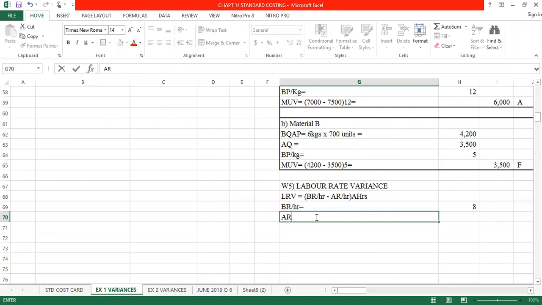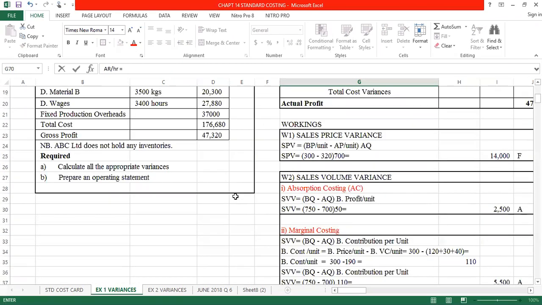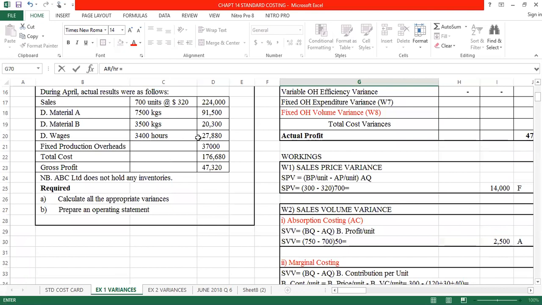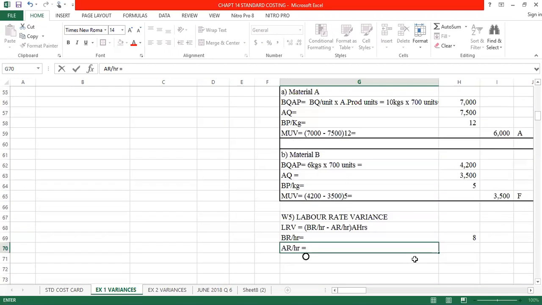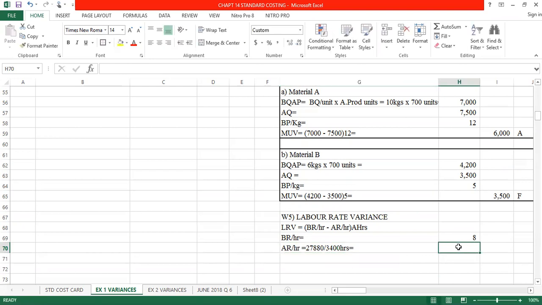Actual rate per hour. This one you are not given, you must calculate. Actual rate per hour is 27,880 divided by 3,400, which is the hours.